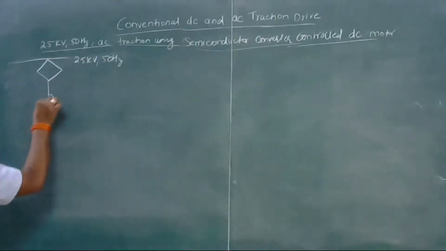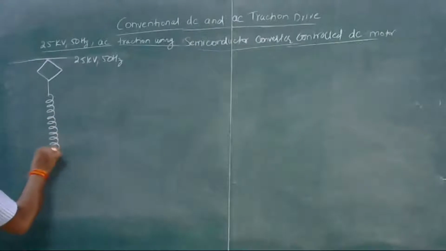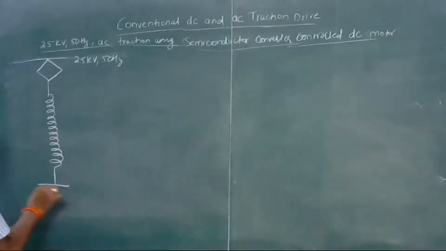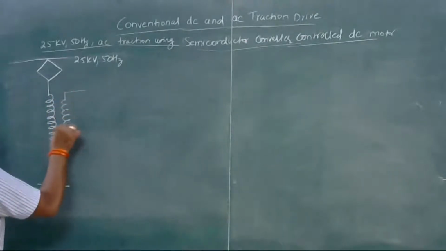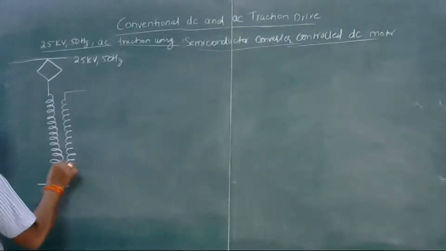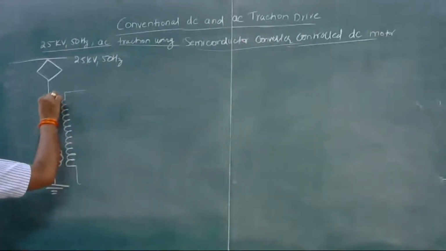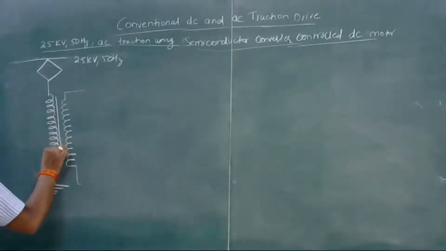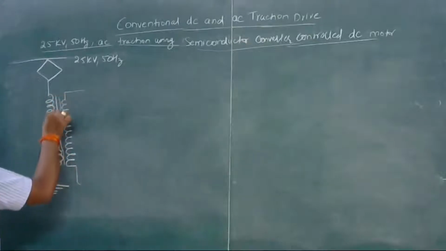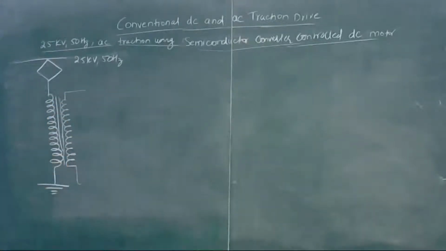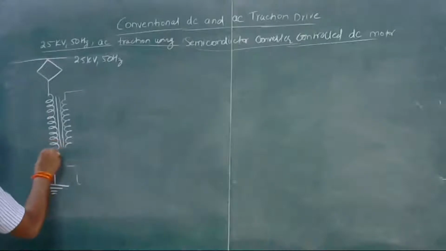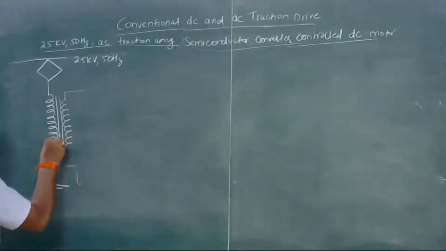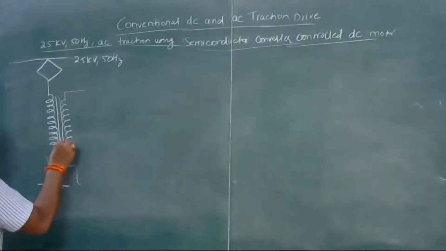So, again, we need a step down transformer because the motor rating is quite less. It cannot be up to 25 kV. So we need to step down the voltage.